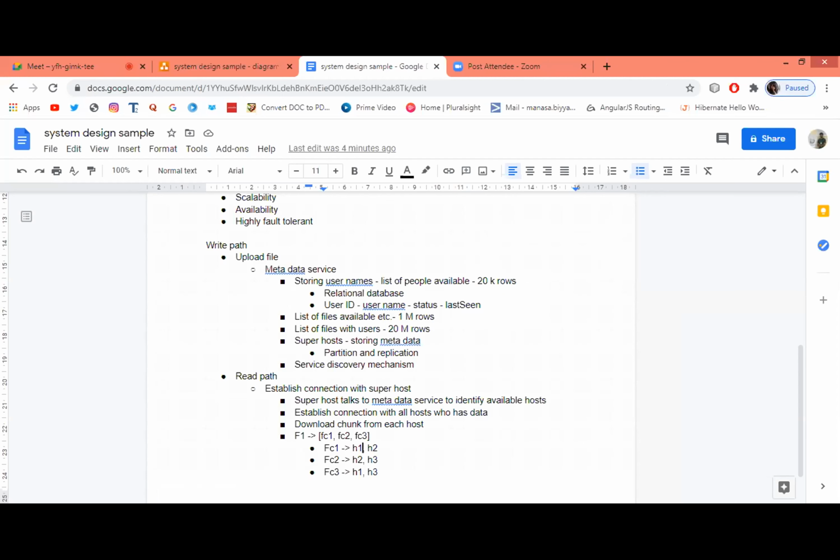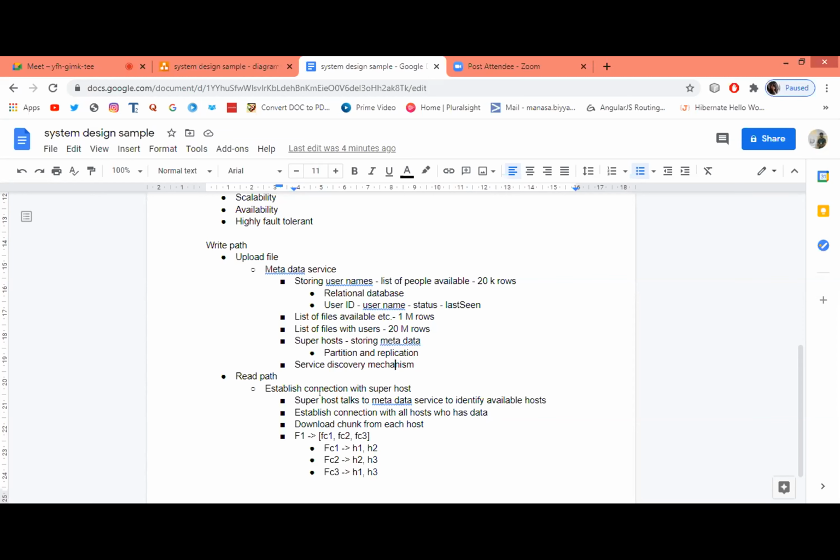And once I upload a file, it divides into chunks and keeps them in various hosts, replicated. So when I ask for a file, the metadata service knows in which host it's available, based on our replication factor. And I have a service discovery mechanism which keeps the latest available hosts list.